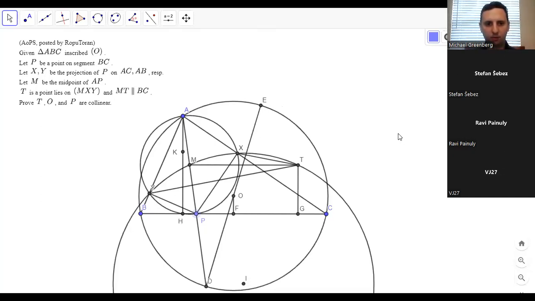Basically, we start with any point P on BC, and then we draw perpendiculars X and Y. And M is the center of this circle. And then we draw the parallel from M to the circumcircle of MXY. And it intersects the circle at T. And then we want to show TO and P are collinear. So that's the problem.